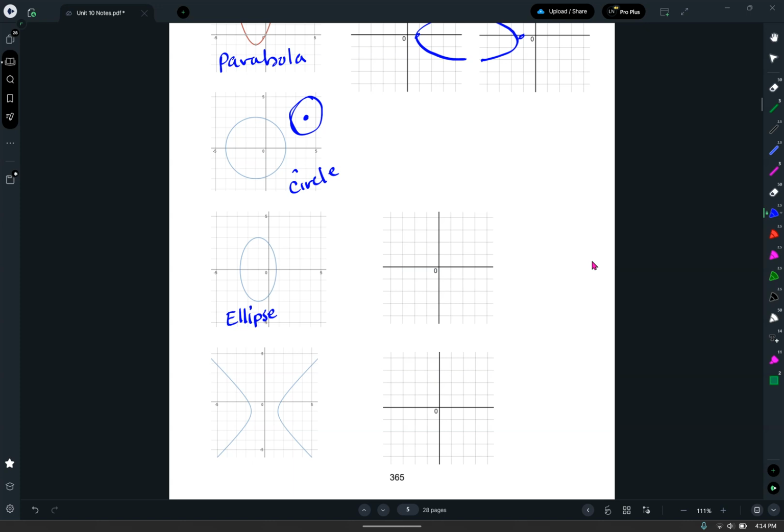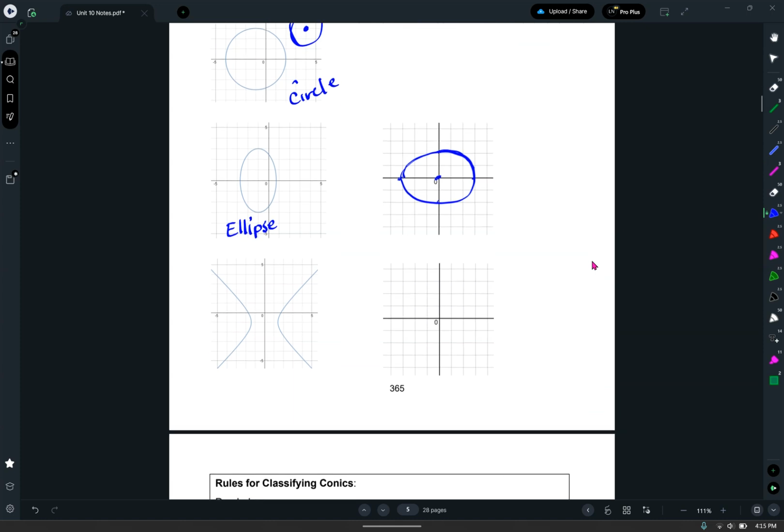But you see what I'm talking about. Let's see, this will help me. Maybe it's going something like this. Okay, something like that. So it's elongated that direction. This last one, I know you haven't done this kind of a graph before. It's called a hyperbola, not hyperbola, as some people want to call it. Okay, so that's what a hyperbola looks like.